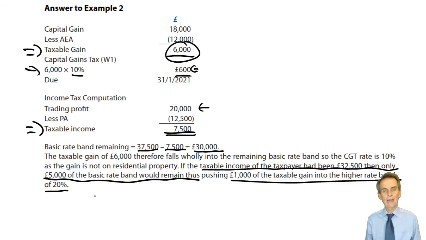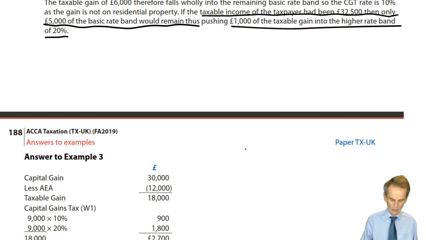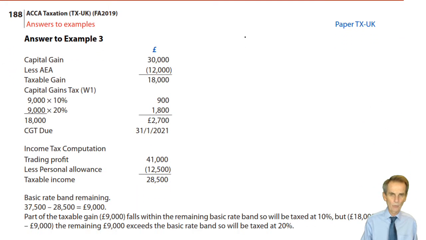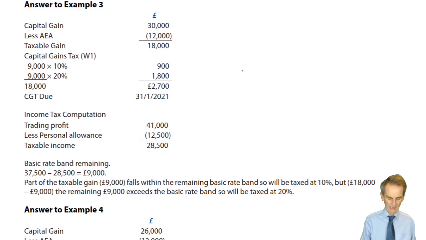Now that, of course, was the situation that you faced in the second exercise, example 3, where we had a much higher figure of taxable income, though still within the basic rate band, but when we applied the taxable gains to that, it took us through the remaining basic rate and up into the higher rate band for gains.